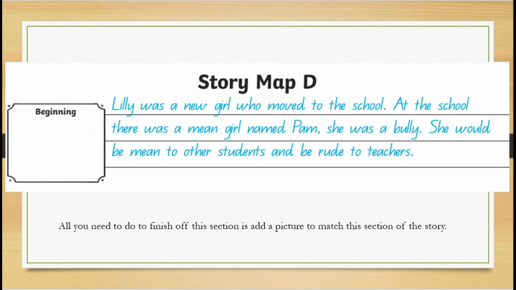Once you've written that, the only other thing you need to do is draw a little picture in that box that will help give us more information about the beginning of our story. It needs to match what you've written. Pause the video if you need to do that, and then press play when you're ready to move on.